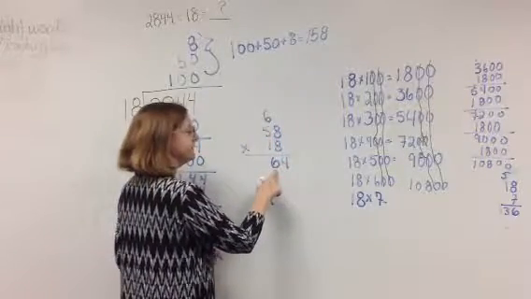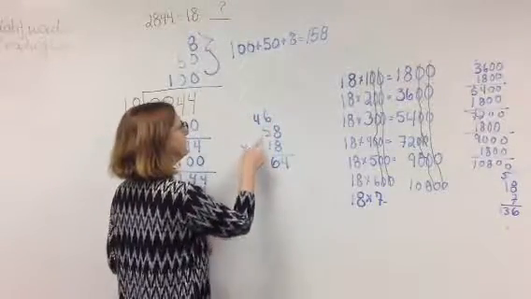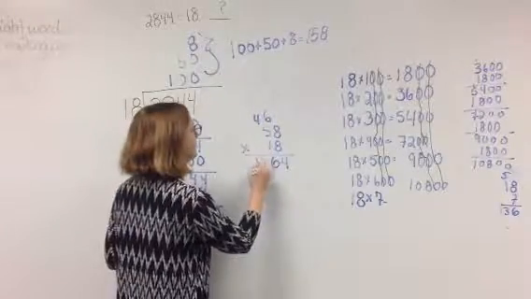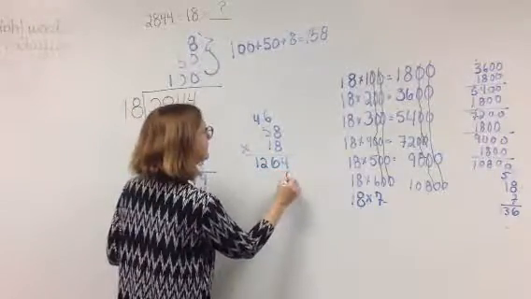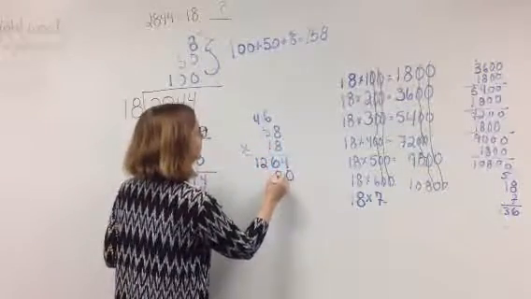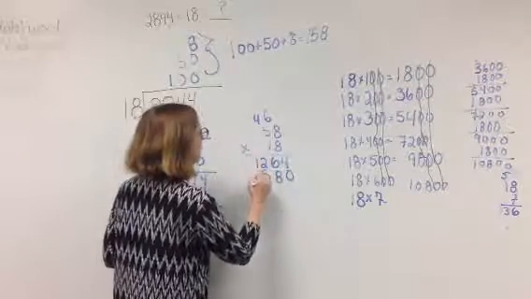So I'm going to put the tens place here, it was 46, my 4 up here for regrouping. 1 times 8 is 8, plus 4 is 12. And I put a 0 here, and I do it again. 8 times 1 is 8, 5 times 1 is 5, 1 times 1 is 1.